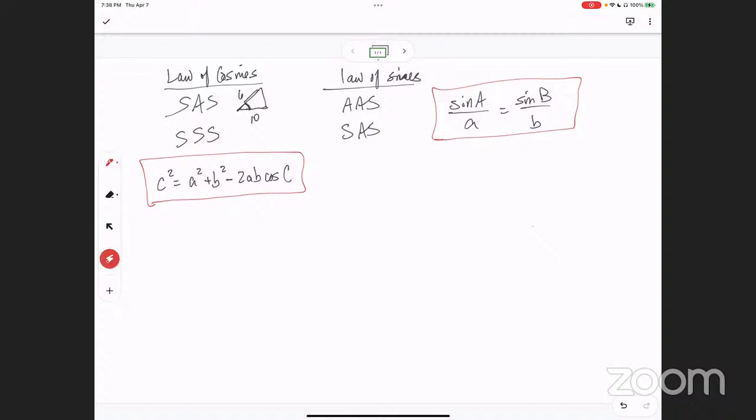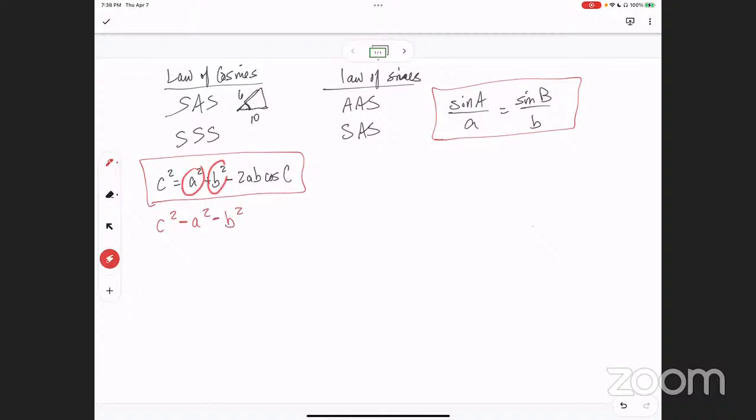Now you can write this differently. You can solve this for C if you wanted to. If you're given 3 sides and looking for the angle, you'd want to write it slightly differently. I'll solve it for you. C squared minus a squared minus b squared. See how I'm moving everything over?